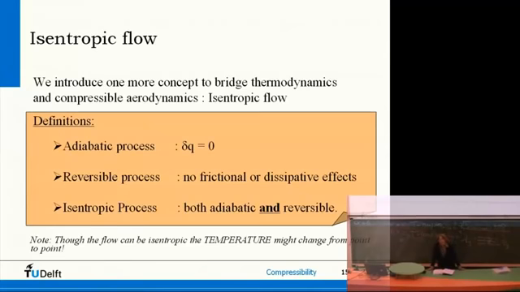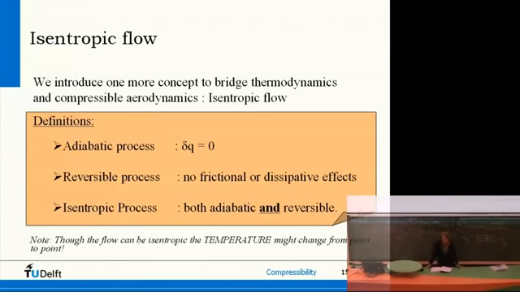What does adiabatic mean? I don't add or subtract heat, so del Q is 0. In addition, we should not lose heat in dissipative effects. So friction in a flow is a way to transmit kinetic energy, so motion energy, into temperature heat.